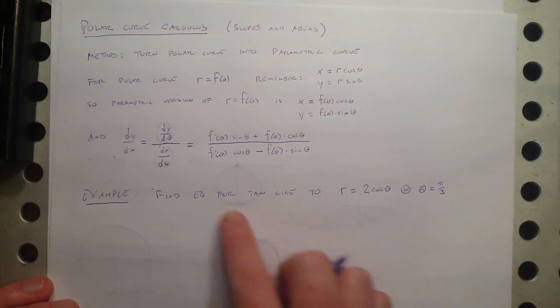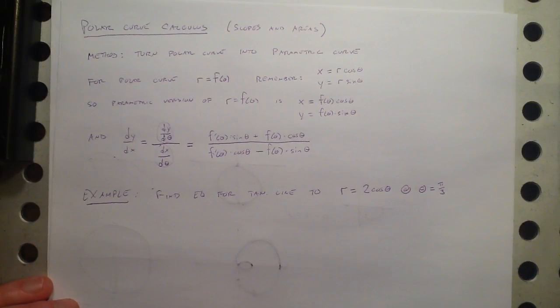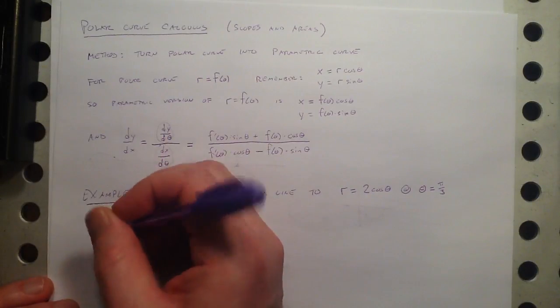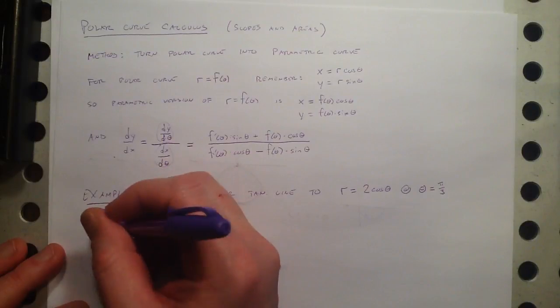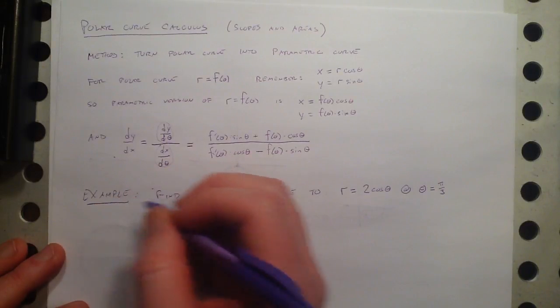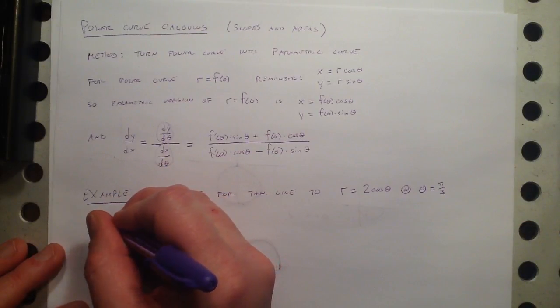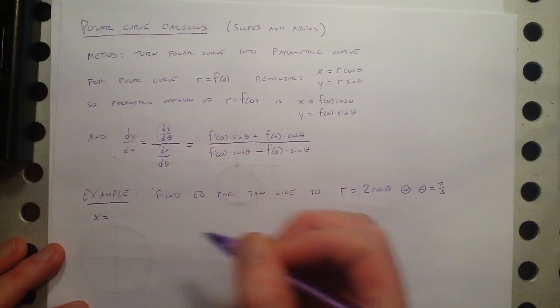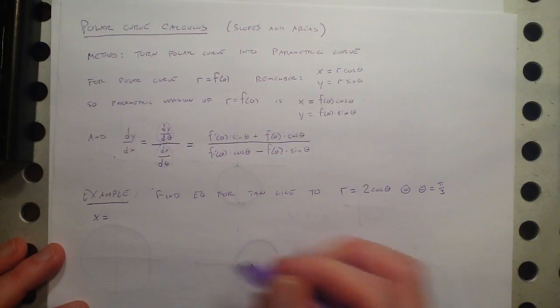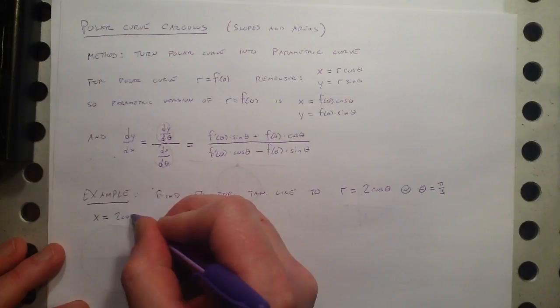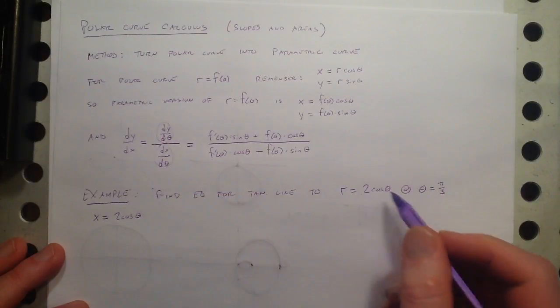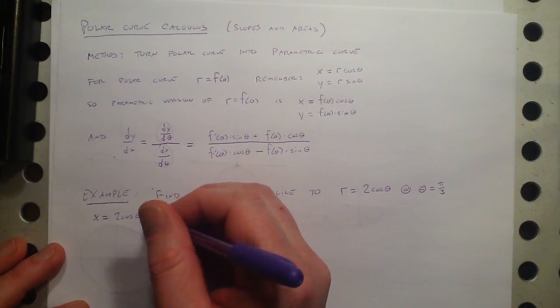All right, well, tangent lines we know how to do. That's all x's and y's. So I need a slope and I need a point. So let's find the point first. And let's first say I know that x is equal to r times cosine theta.